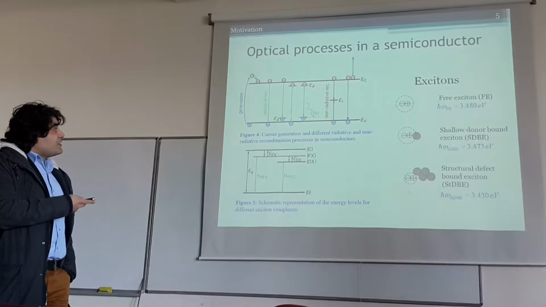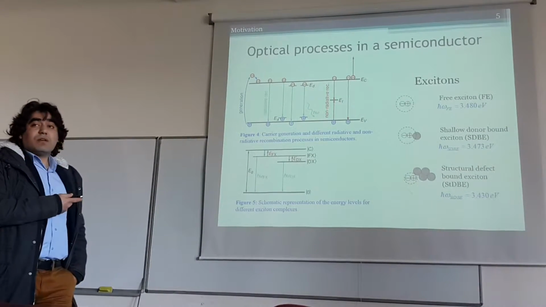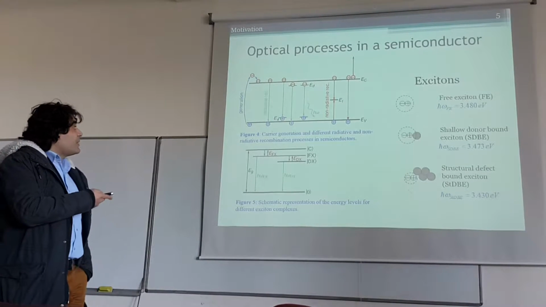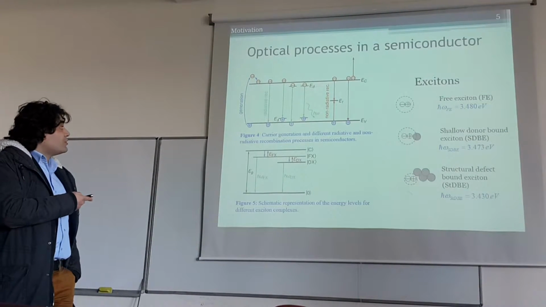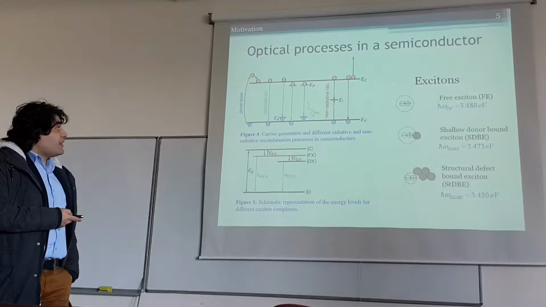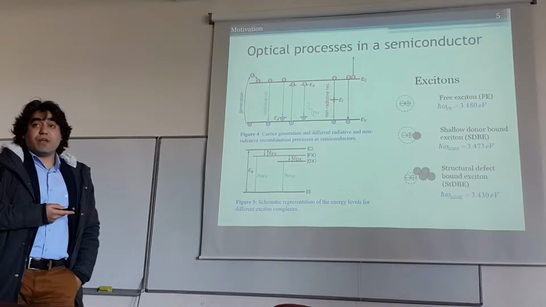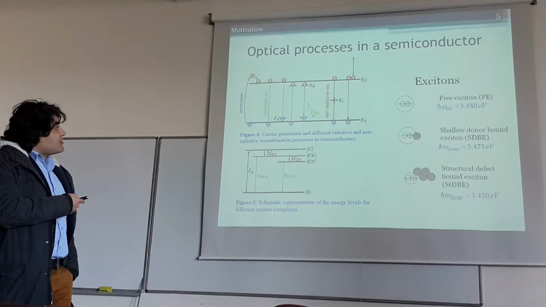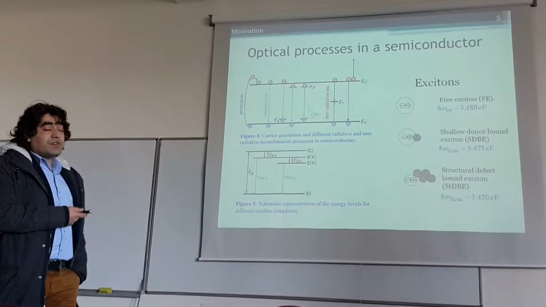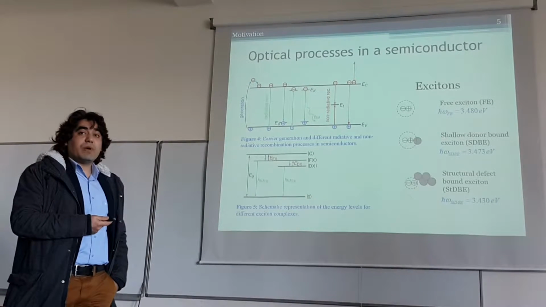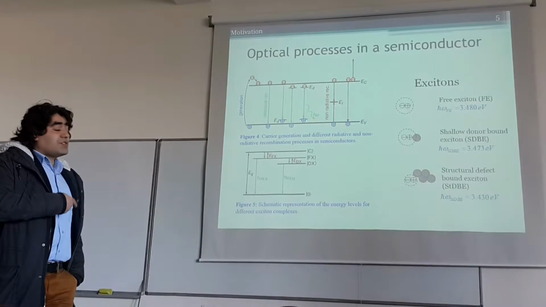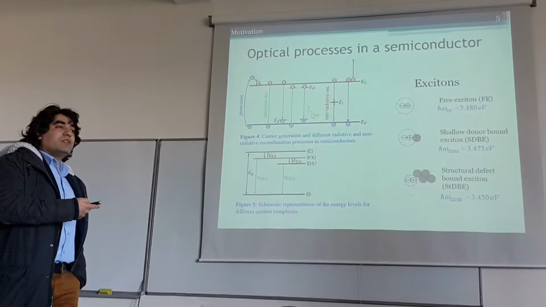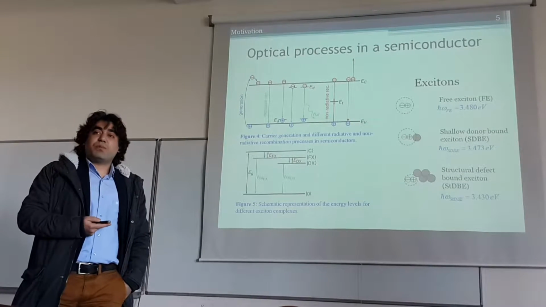These are not necessarily in the middle of the energy band gap. They might be located at different levels in the band gap. Another process is Auger recombination. The energy is transferred to another carrier in the conduction band, and this electron is transferred to upper levels.